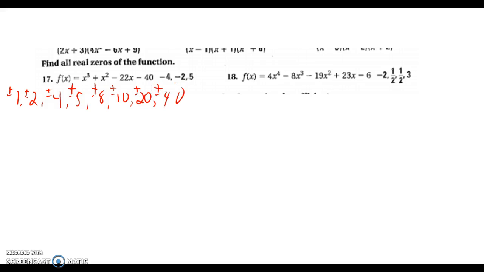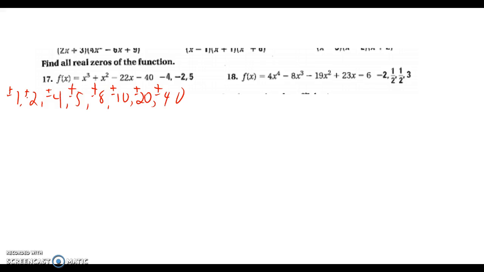But remember how I cut that list down. I actually am going to graph this function to see where I might start. So I'm going to graph x to the third plus x squared minus 22x minus 40. All right, I graph it.